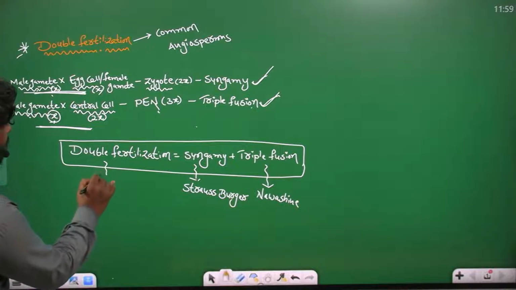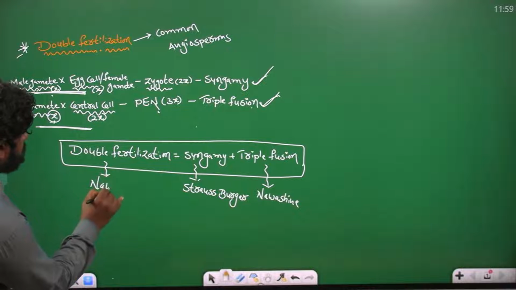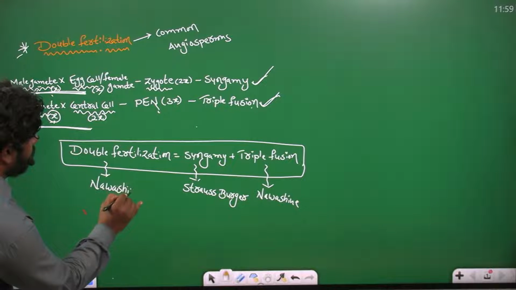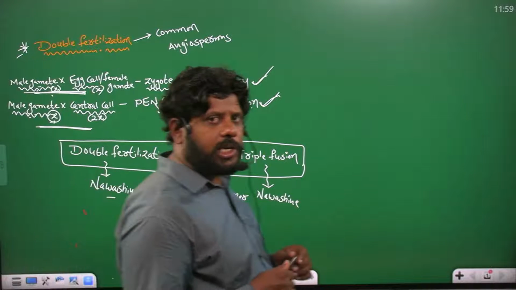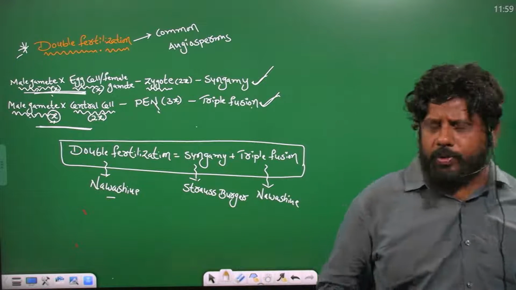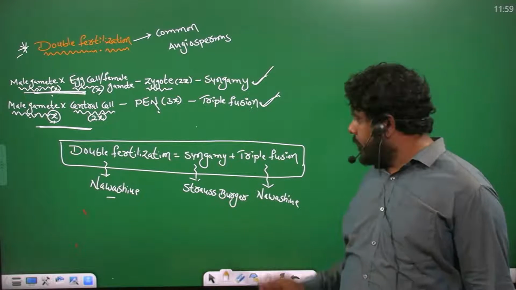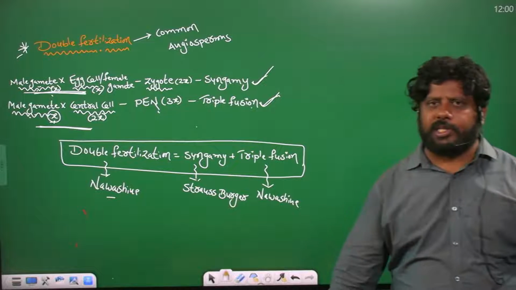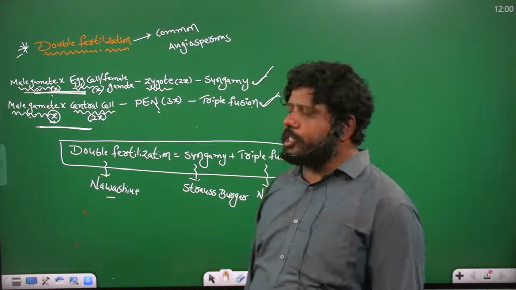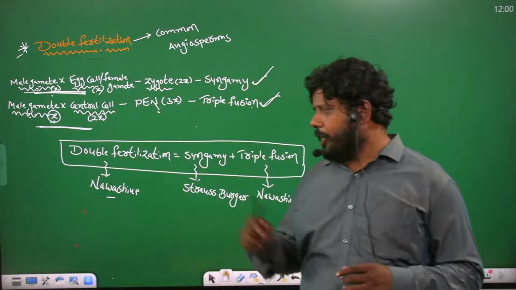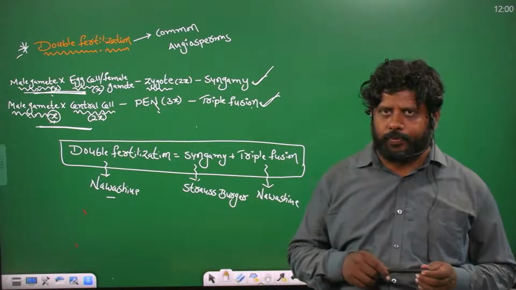And the double fertilization credit goes to Navashin only. Expected question: syngamy discovered by the scientist Strasburger, triple fusion discovered by Navashin, automatically double fertilization discovery credit also goes to Navashin.